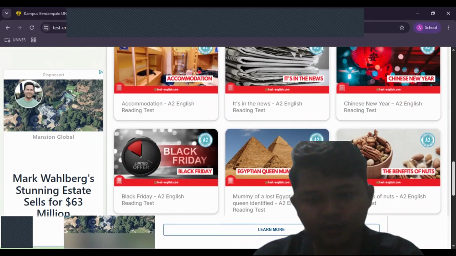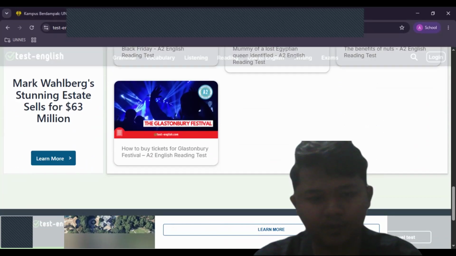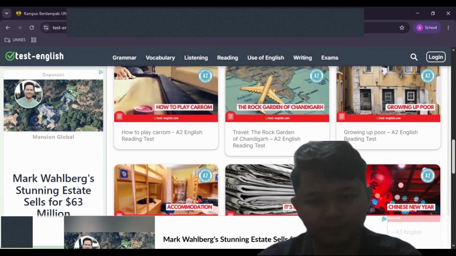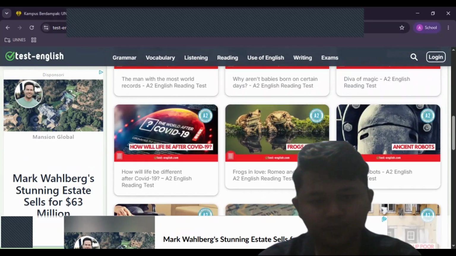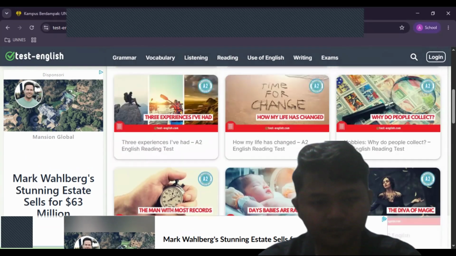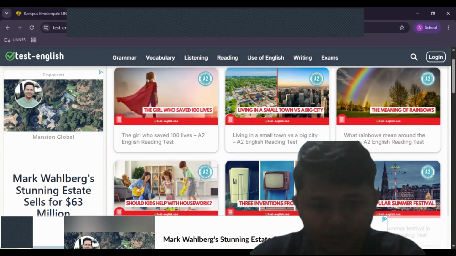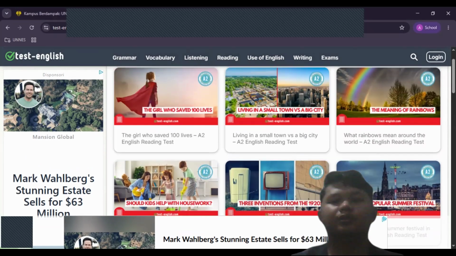Okay, what do you guys want for today? Okay, seems like most of you are willing to know about the meaning of rainbow text. Okay, we will choose this text.